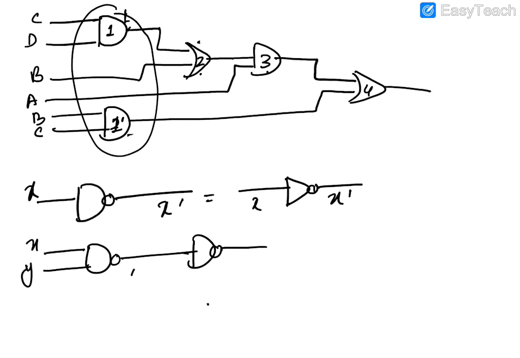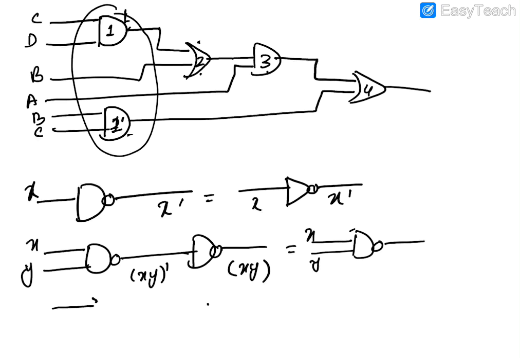If this is x y whole prime, again complementing will be equal to x dot y, which is an AND gate xy. Okay, finally the OR logic will be formed with the help of three NAND gates.